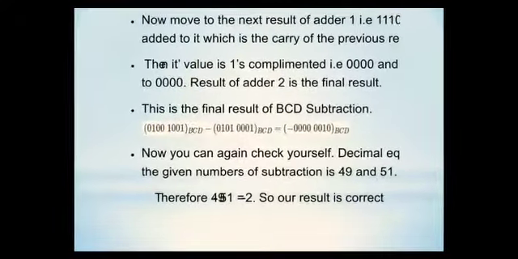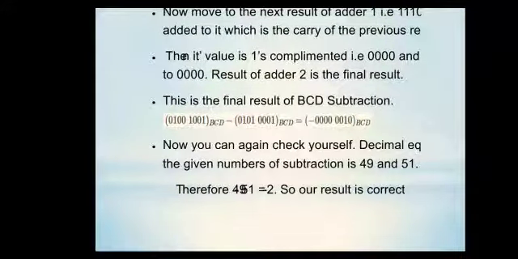Here we are taking the two binary values, and we have to subtract the two equivalent binary values. Finally we get the answer 0 3, minus 0 3.